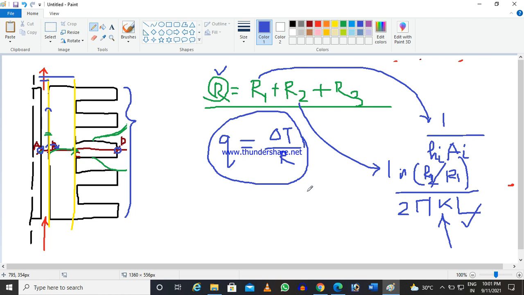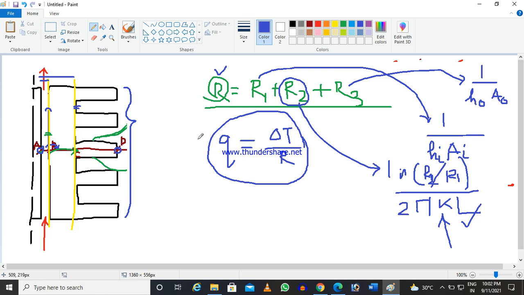All those things will not change with respect to temperature. So this R2 in this case will remain constant. But R1 and R3, what is R3? R3 means how the heat flow is restricted through this area, which is 1 by H out, A out, which involves the unfinned area and the finned area.